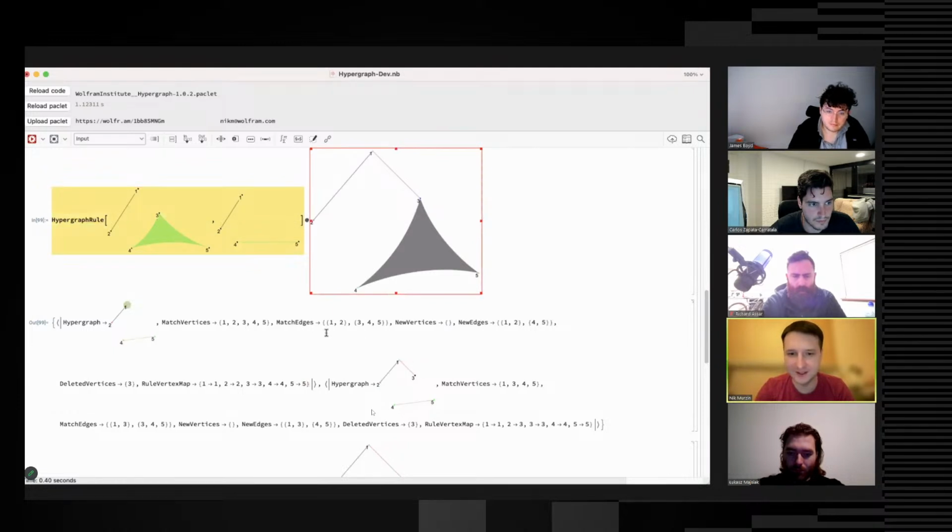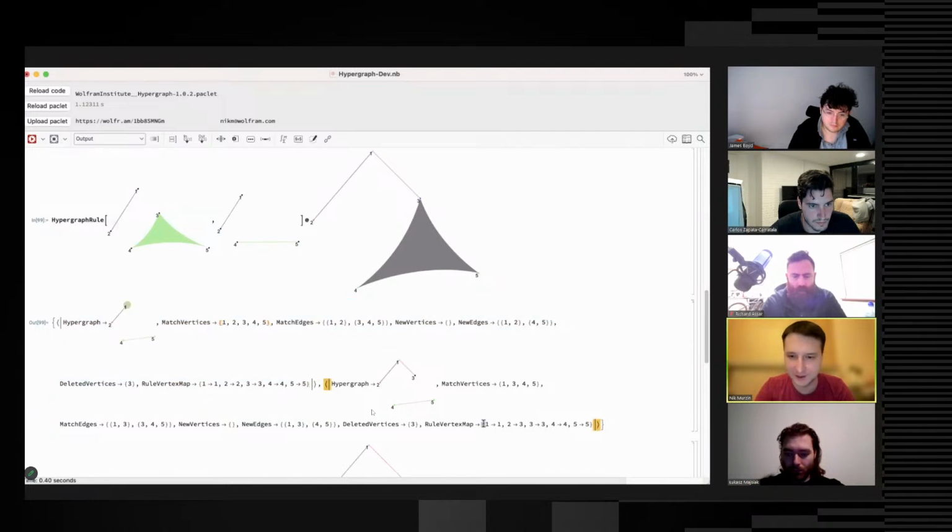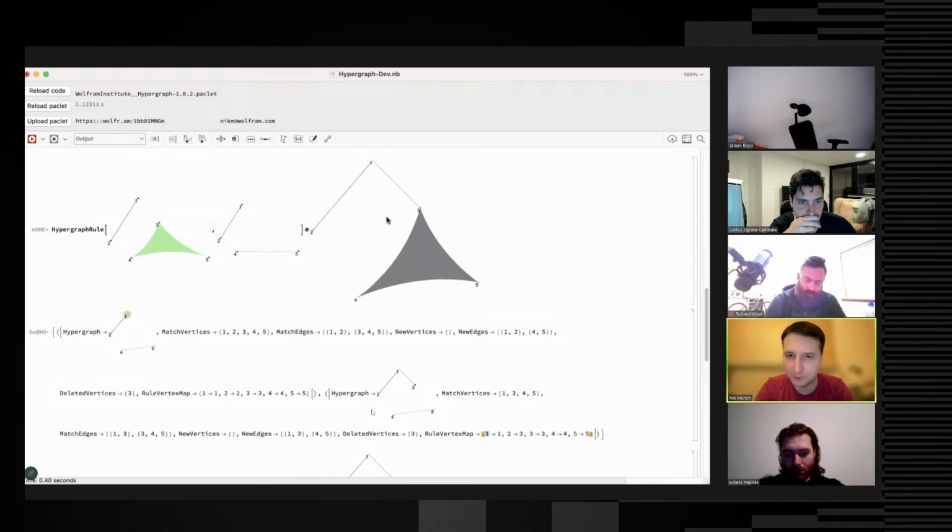Some of the vertices would be the vertices that matched, and this is the map between those. It's the vertex on the left-hand side that corresponds to the vertex on the input hypergraph, like on this one. This is a very direct map, like here.